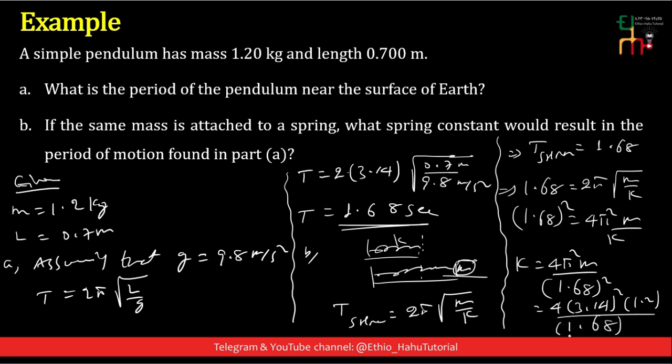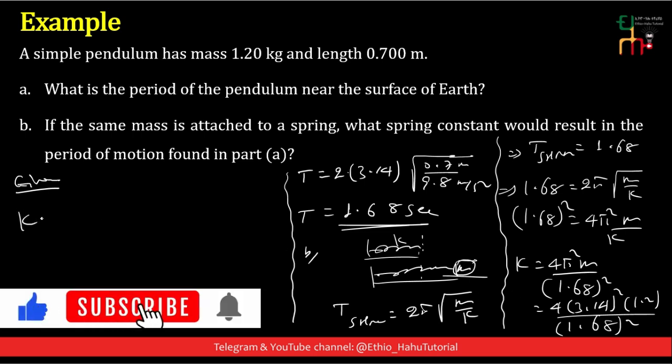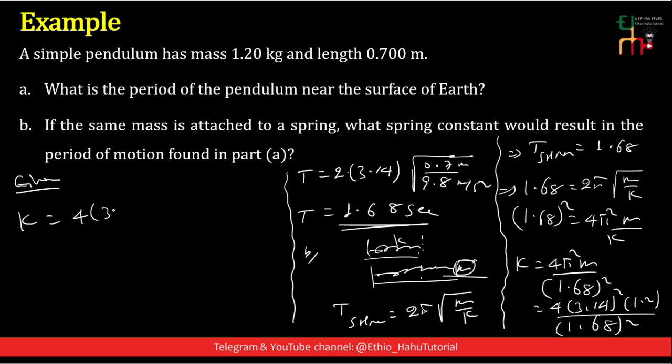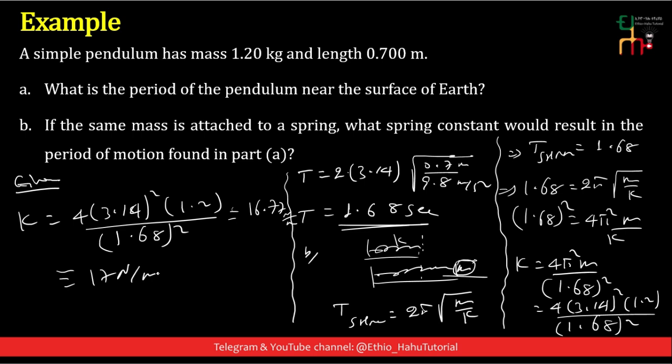1.68 the whole square, and k is equal to 4 times 3.14 the whole square times 1.2 divided by 1.68 the whole square, and this is equal to 16.77 Newton per meter, or approximately 17 Newton per meter.